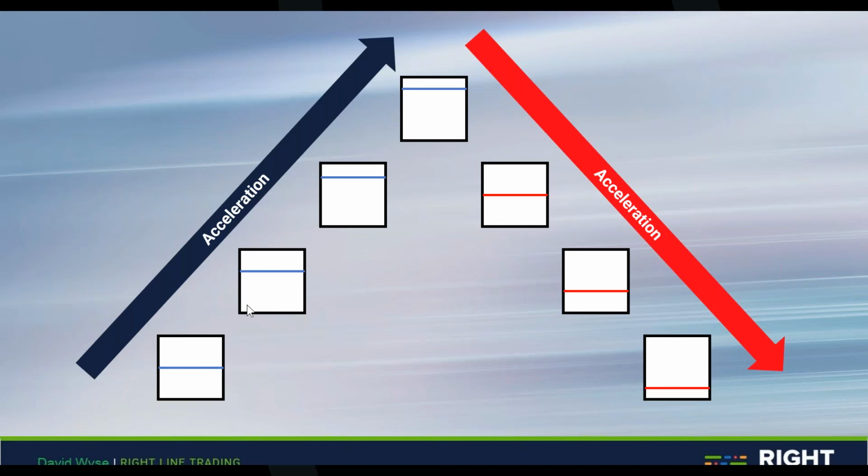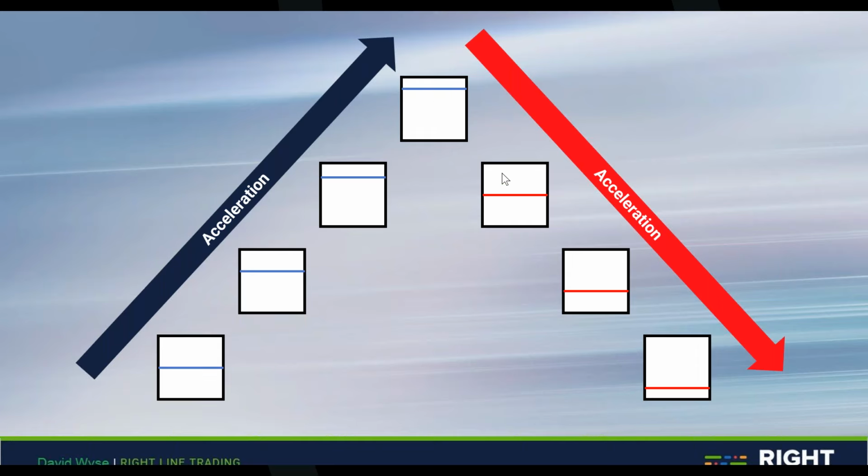As you go from one 5-minute candle to another, the close of the candle is closer to the top. You see how it's closer to the top, closer to the top, closer to the top. This is what indicates momentum. The price move doesn't have to be that fast, but you do want the close of that candle to be closer to what the high of that candle was.